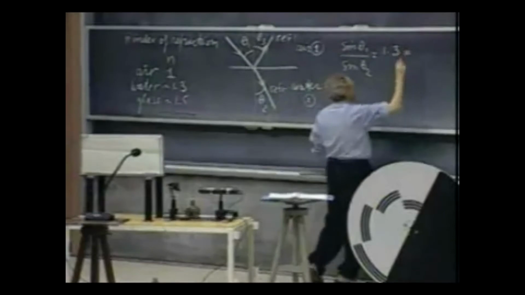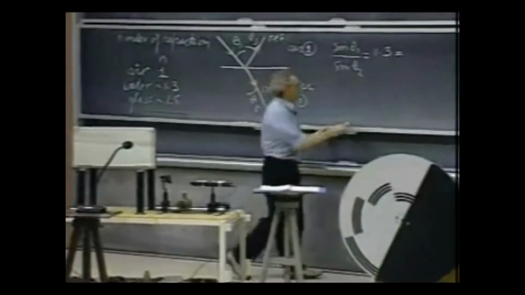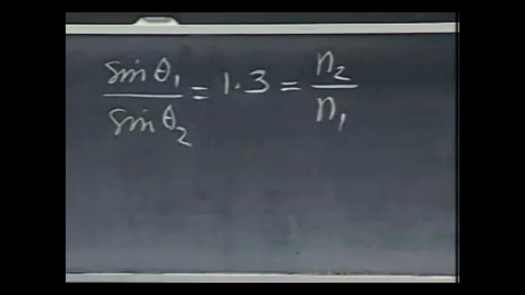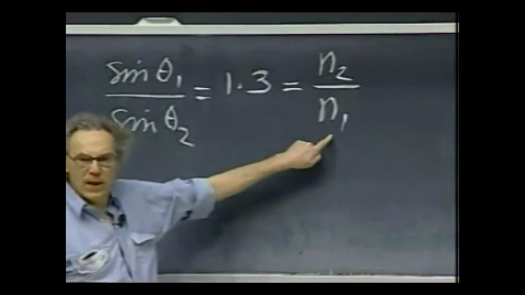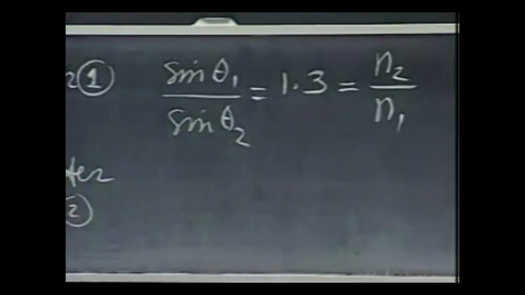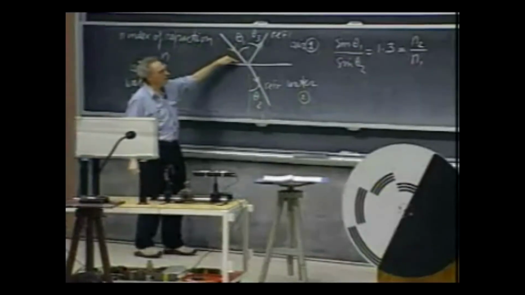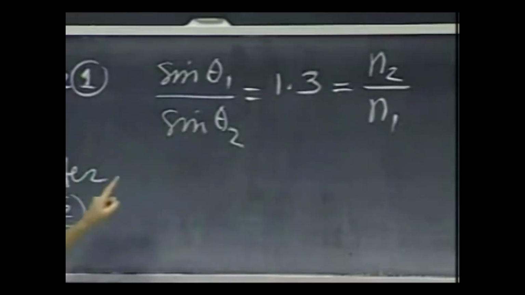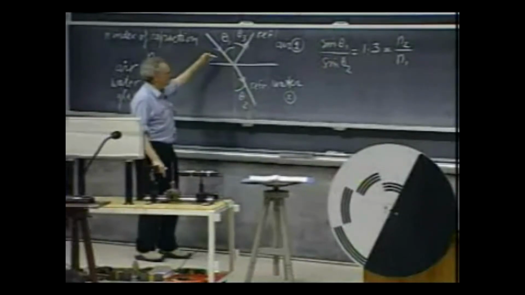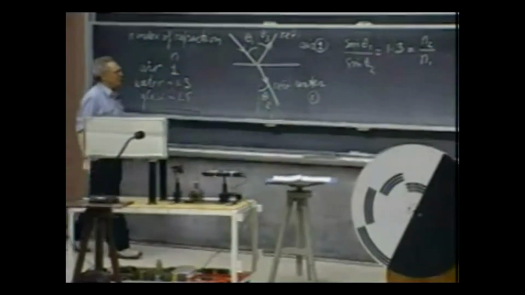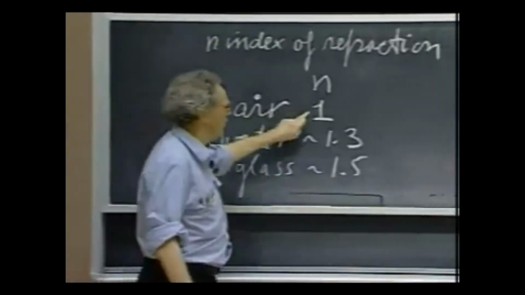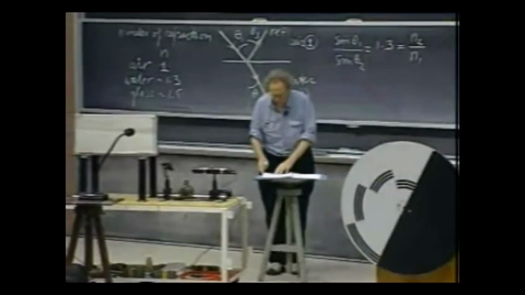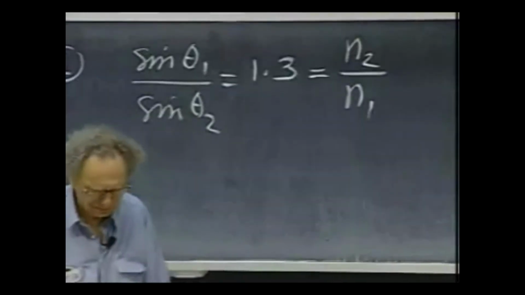And so we can now amend Snell's law by writing here N2 divided by N1, N1 being the index of refraction of the medium where your incident beam is, that's why I put a 1 here, and 2 being the index of refraction of the medium where you're traveling to. You're refracted into this medium. And so you see indeed that since water is 1.3 and air is 1, this ratio for air to water is 1.3. And this is called Snell's law.